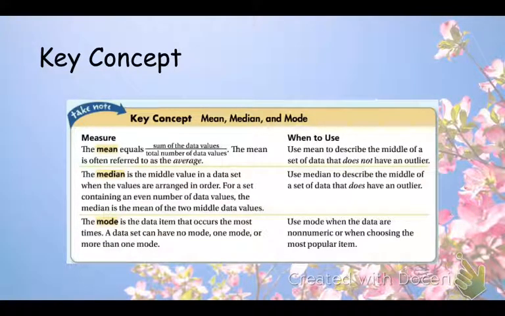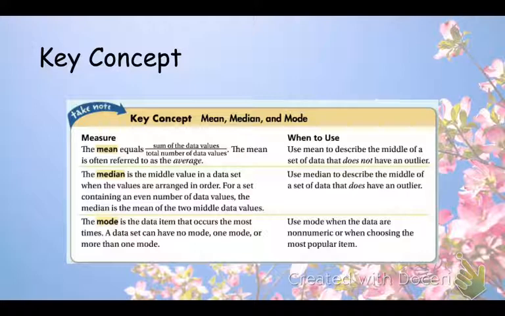Here's a quick summary, and this is on your notes paper to help give you a refresher. The mean is equal to the sum of the data values divided by the total number of data values, and we oftentimes call this the average. We use the mean when we are looking for a way to categorize or discuss data that does not have an outlier, so not one that has something way far out.